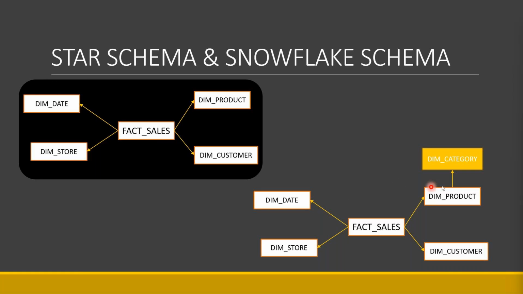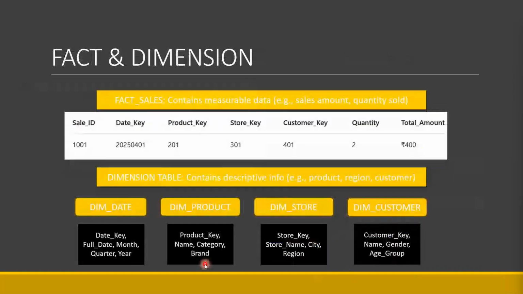But if you see dimension product, it has product details like name, brand, also the category. But what if there are 100 columns related to the product details present in this table? This table itself will be kind of messed up, right?